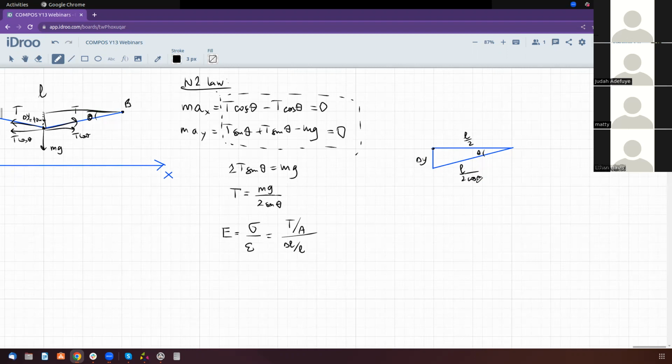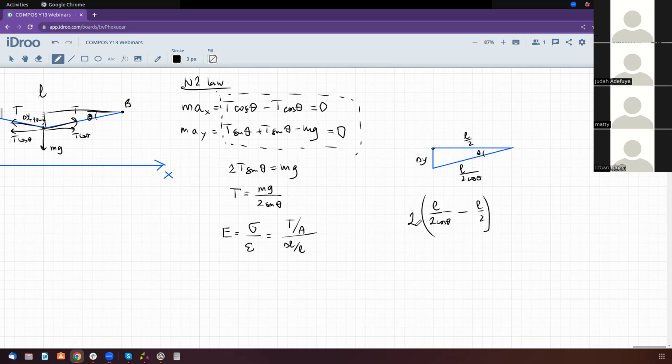So we have L over 2 cos theta multiplied by 2, minus L over 2 times 2. Actually, this is the extension: the difference between the hypotenuse and the adjacent side.